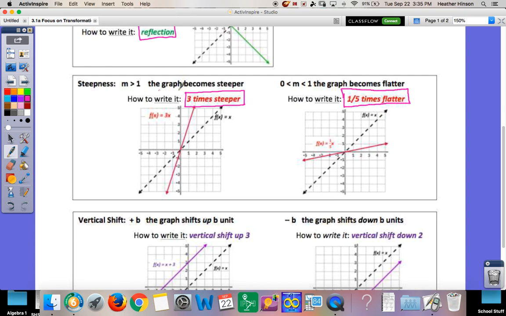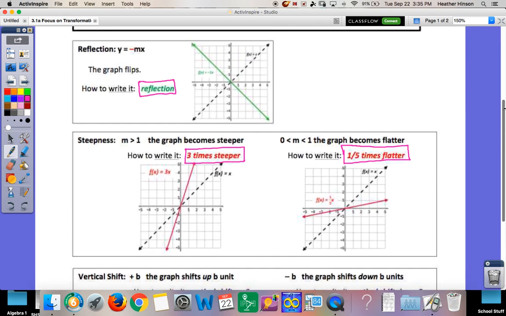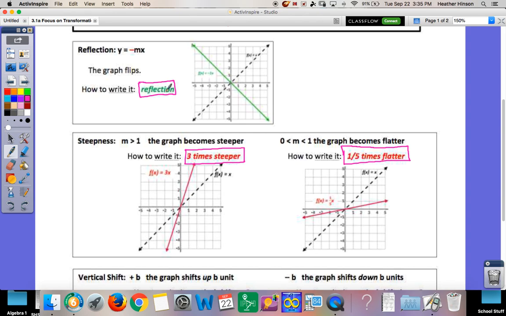So if it's greater than 1, it's steeper. If it's between 0 and 1, it's flatter. If it's negative, it's reflection. So if we had y = -3x, the negative is reflection. The 3, that's greater than 1, so that's 3 times steeper.